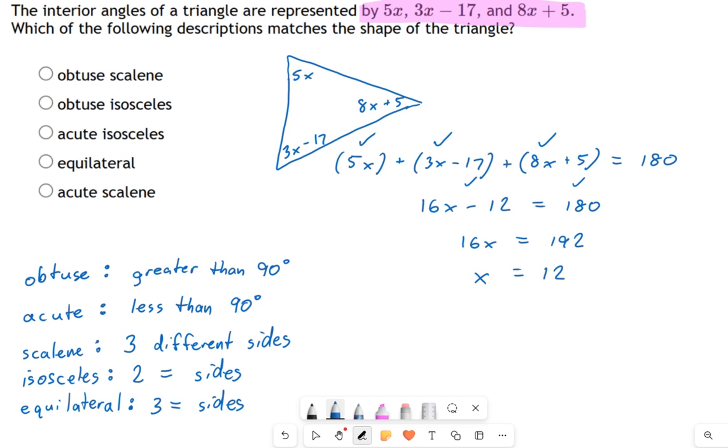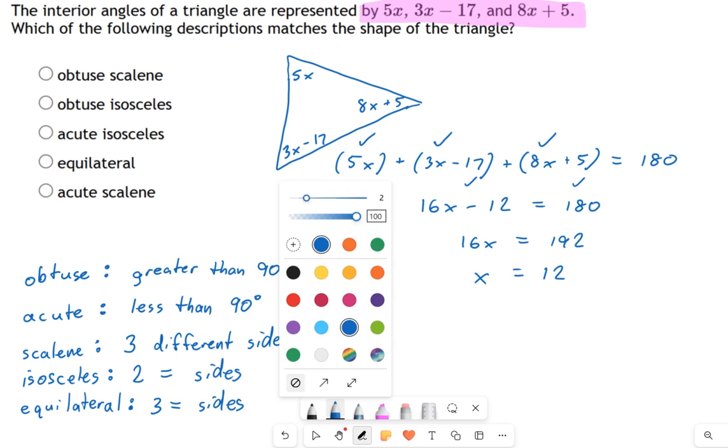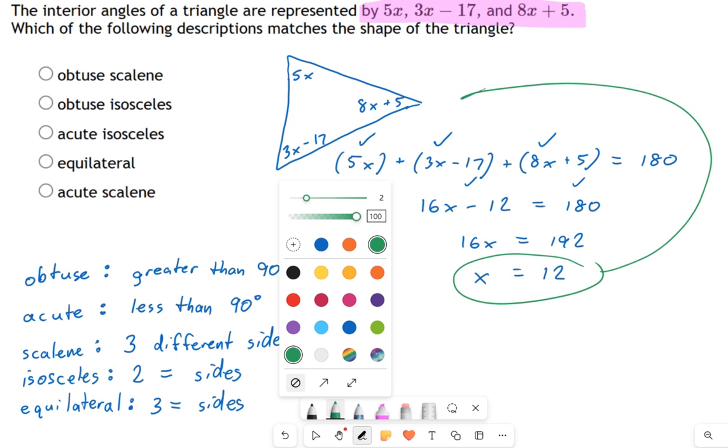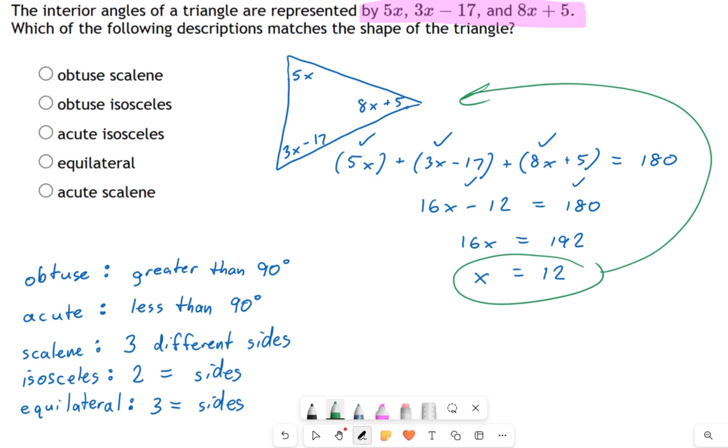Okay. So now what are we going to do with this? Let's plug this x equals 12 back into our triangle and see what kind of angles we're really dealing with here. 5 times 12, 60 degrees. 3 times 12 is 36, minus 17, that's 19 degrees.